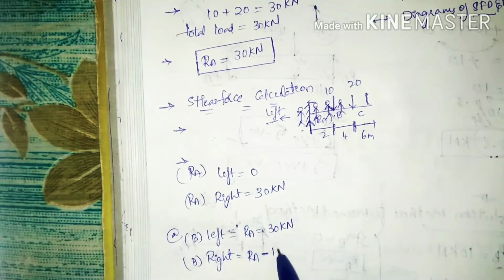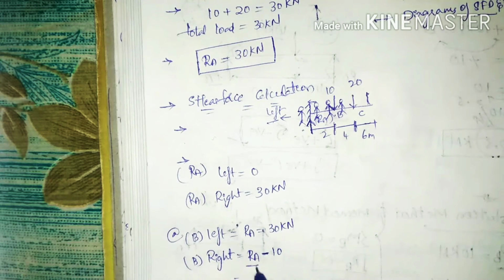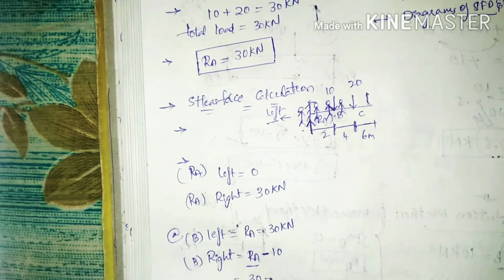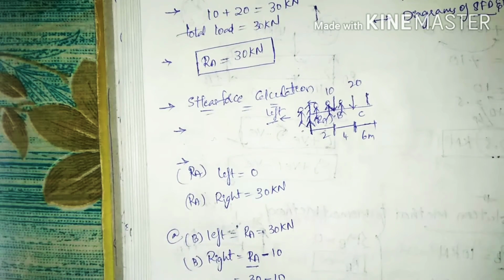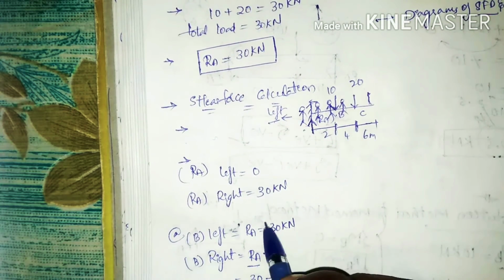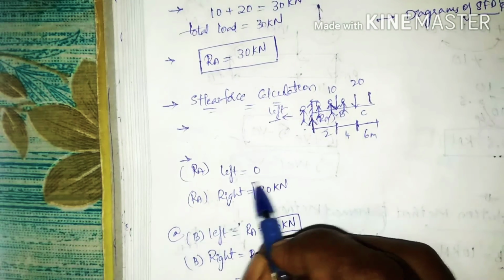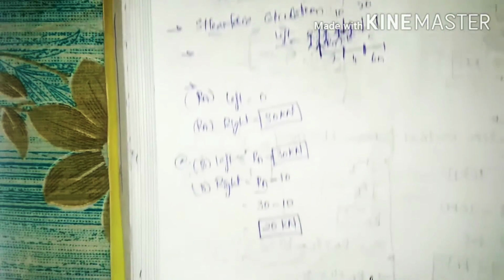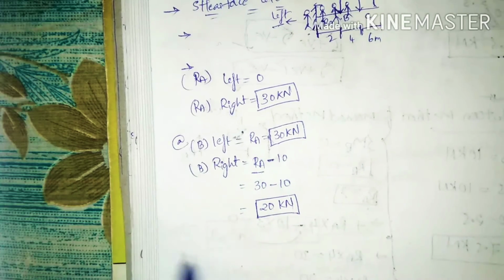The downward is 10 kilonewtons. As we know, RA is equal to 30 minus 10, that is equal to 20 kilonewtons. Always remember to write the units for every value of shear force and bending moment.